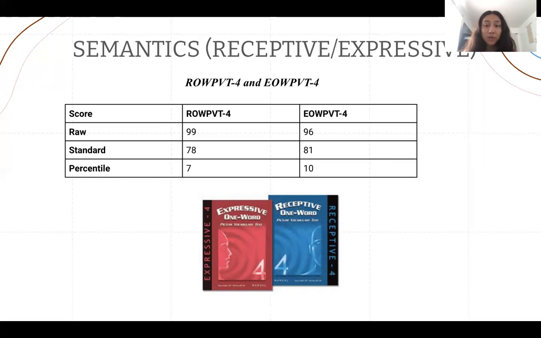And the EOWPVT assesses expressive vocabulary by testing the client's ability in naming objects, actions, and concepts from a field of 4 images.